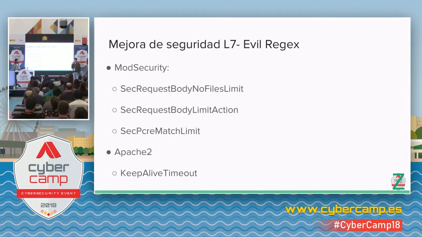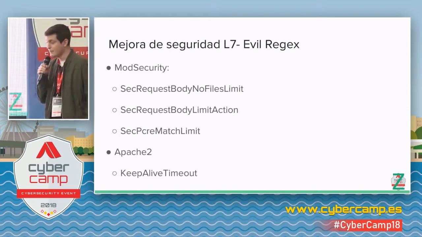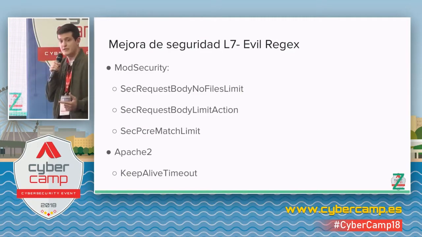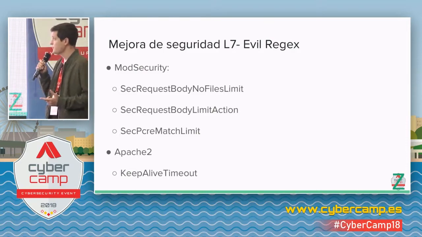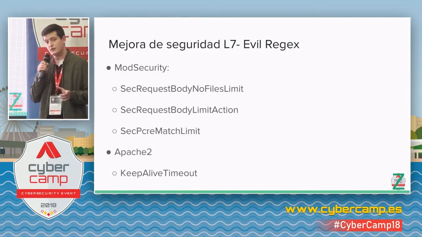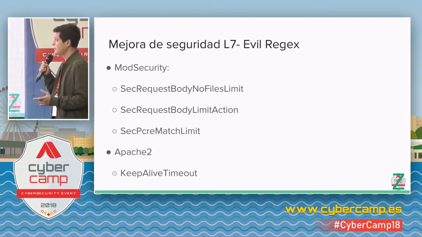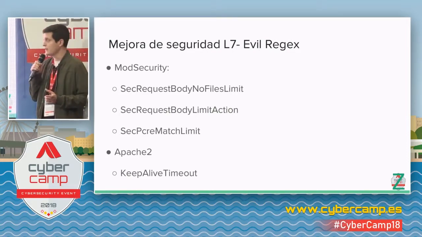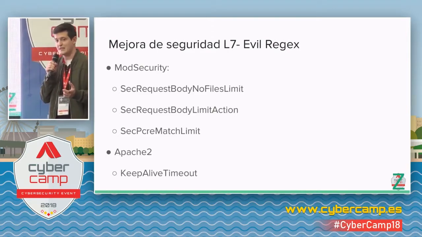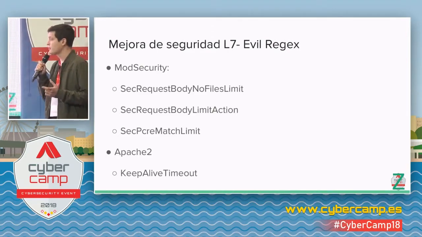As my colleague was saying, what we found about evil Regis is that mod security has two parameters for configuration. One that limits the maximum size for the file, so we can either process that amount or reject it. We have also managed to define the maximum number of matches that can be found with a generic expression.